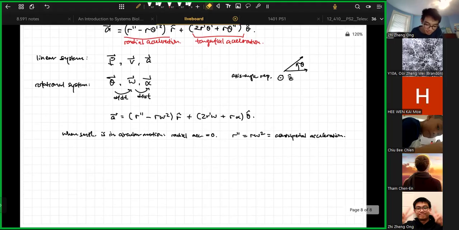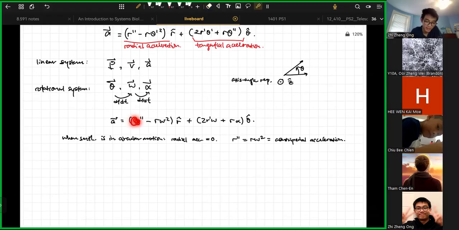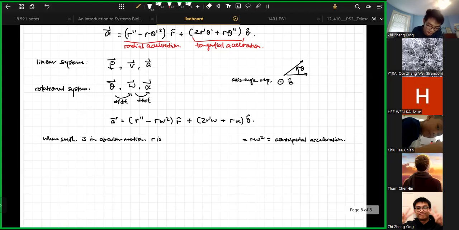What Wonkai is trying to say is that this R here is the distance to the center. It's a little bit confusing. I should not have used R double prime. Sorry, let me rephrase that. R is constant, and radial acceleration.